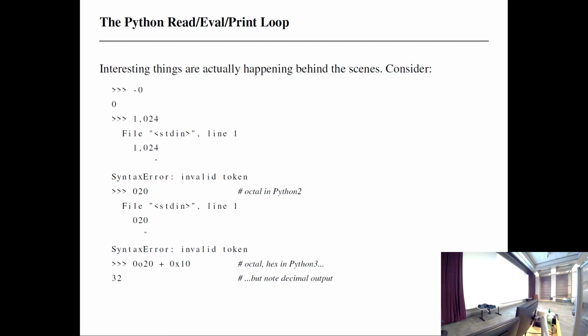Python's interpreting everything and saying, is that a legal input representation? What does it mean? It's constructing the internal meaning, which is 16 and 16. It's applying the operations on integers to add them together. And then when it ends up with the representation of 32, it's deciding how to print that out so that you will understand it. And the canonical means is to print out a decimal number.